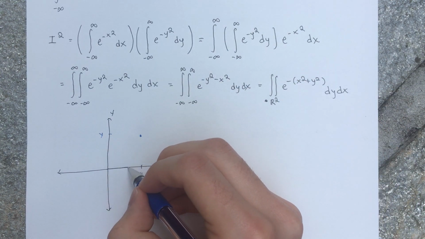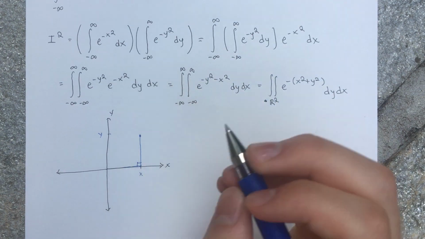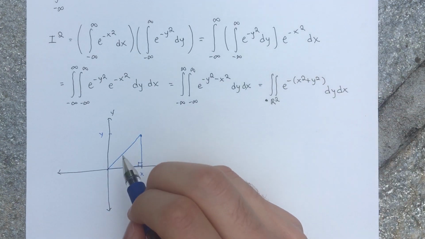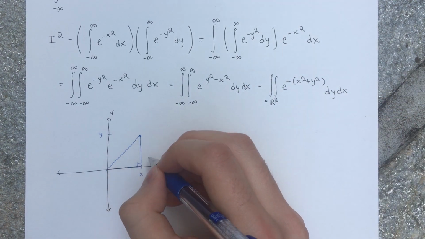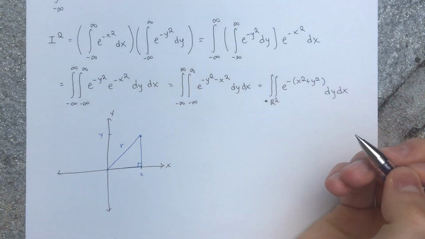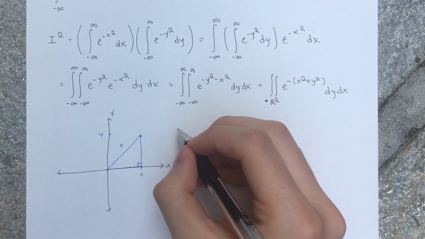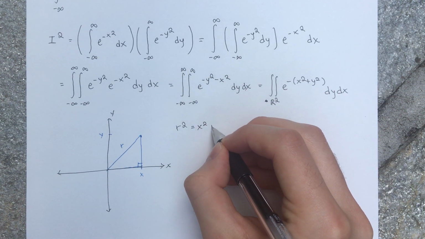And these actually form a right triangle. So we can actually switch to polar coordinates. That's the idea that I'm getting at here. We have x squared plus y squared. We'll call this r. And from that, this distance will define r squared as x squared plus y squared.